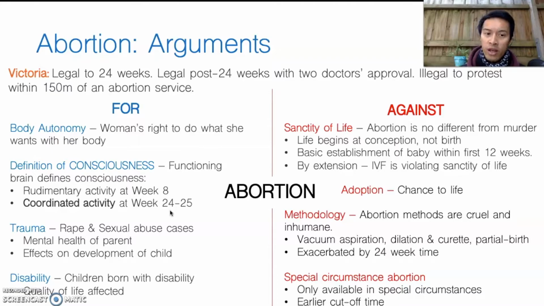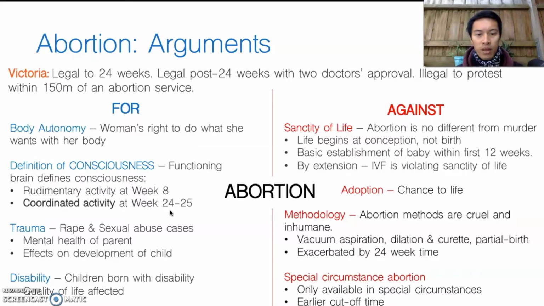It's quite graphic and it's quite severe if you think about it. And then finally, partial birth is when you are stimulating a birth of the baby, and it's partially stimulated and then removed from the female.